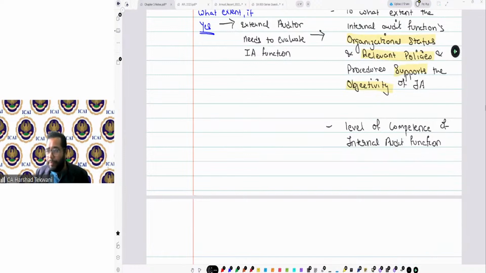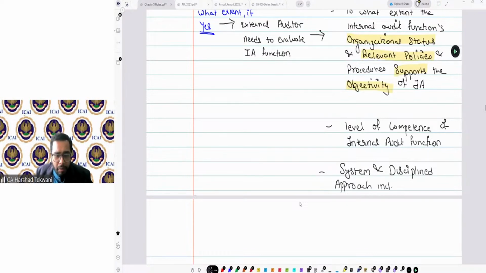And the last one is a systematic and disciplined approach, including quality control in audit.